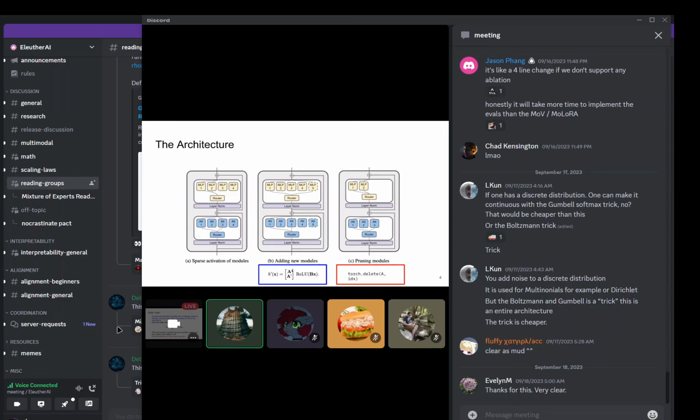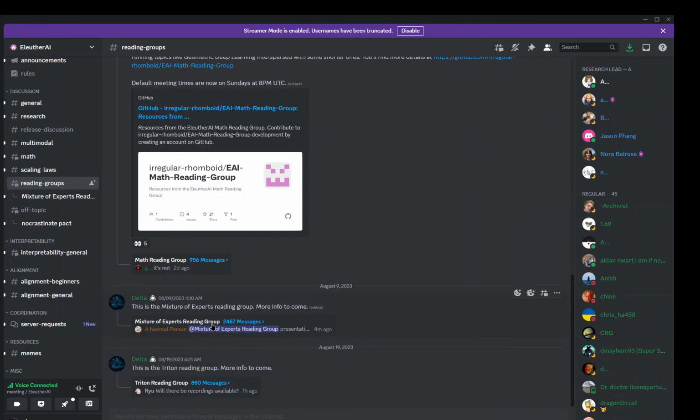This representation of two matrices lets you change the size of A, or also just delete rows from A to remove individual experts.